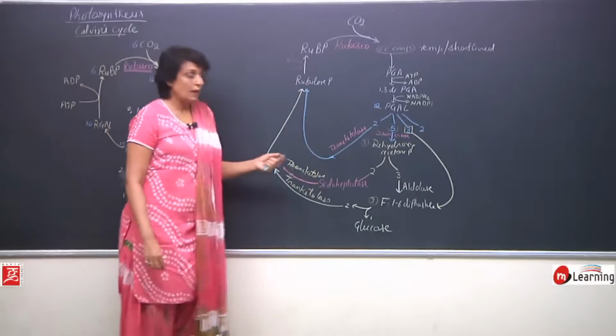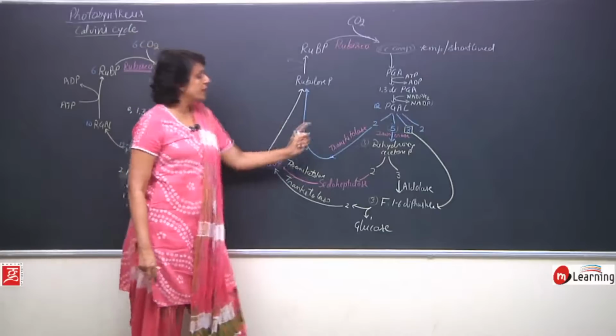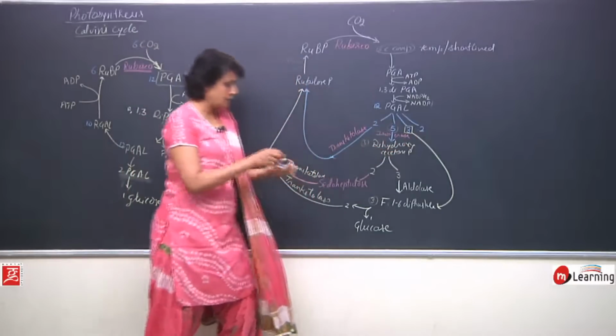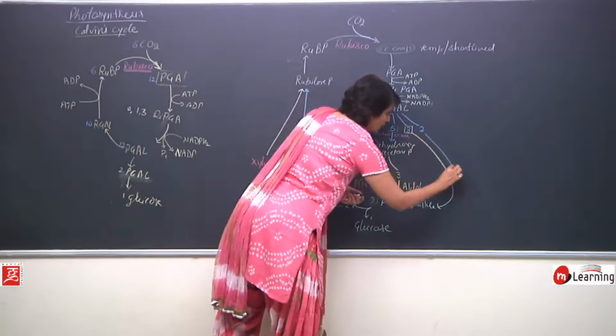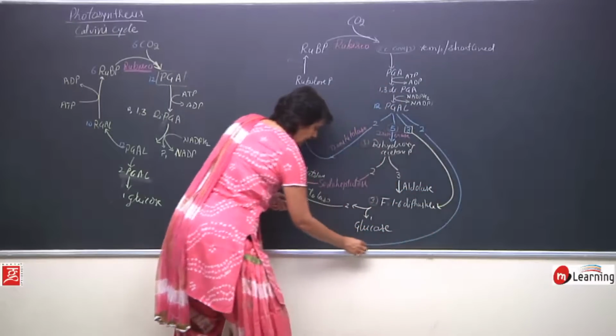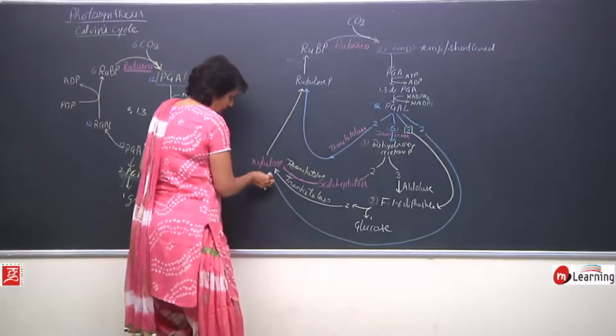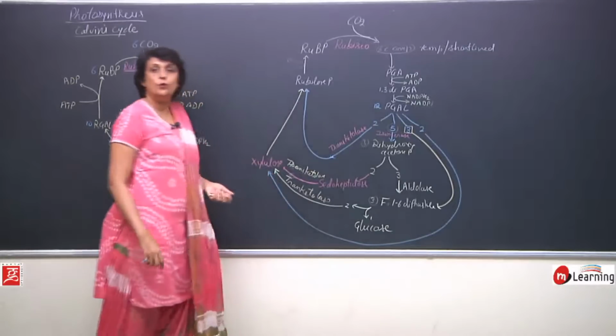So now only 2 molecules are remaining, these last 2 phosphoglyceraldehyde molecules. They form xylulose.